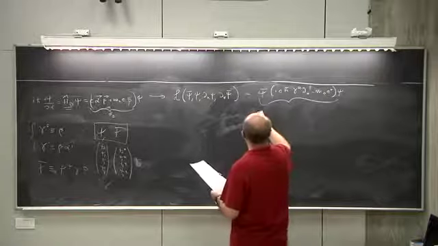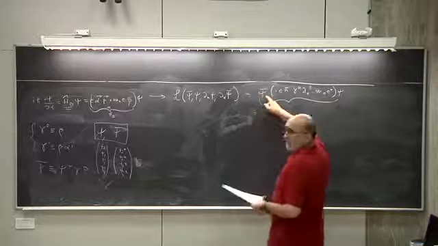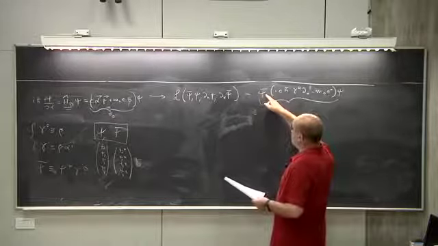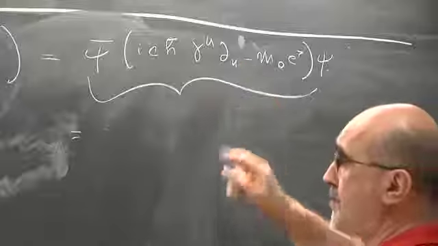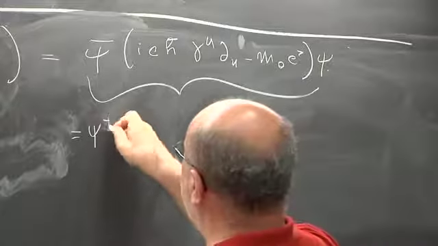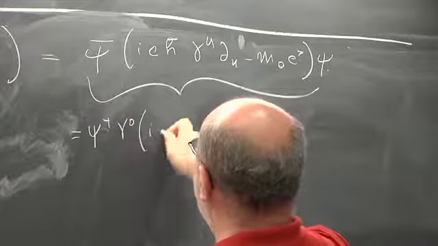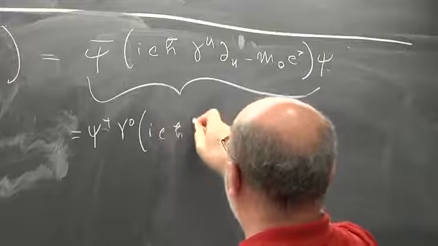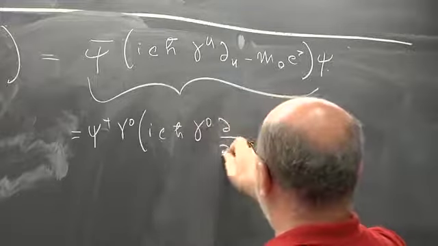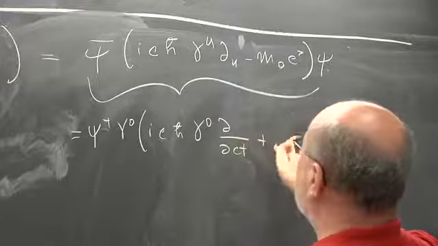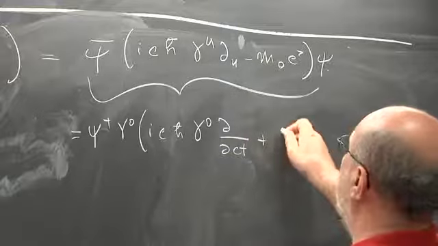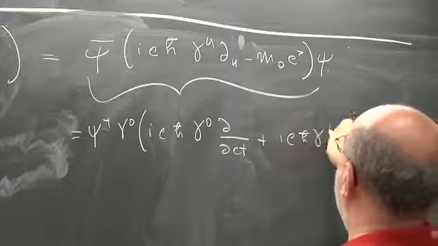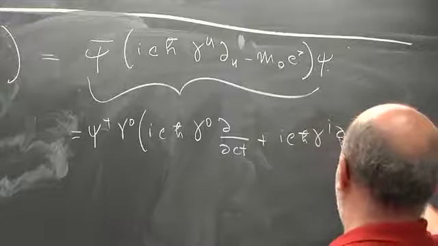Now let's write psi bar as psi dagger gamma 0 and so on and so forth. So if you do psi dagger gamma 0 times i hbar, then gamma 0 d/dct plus i hbar gamma i d/dx i plus and so on.